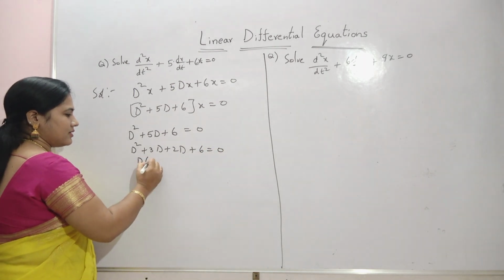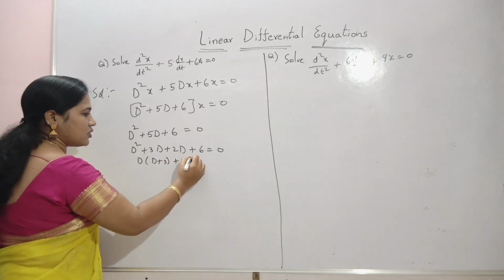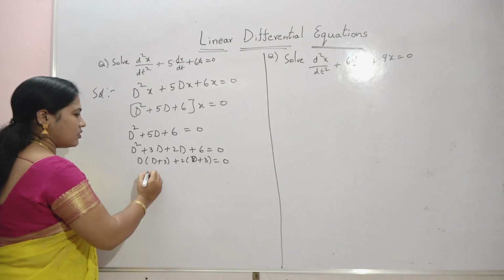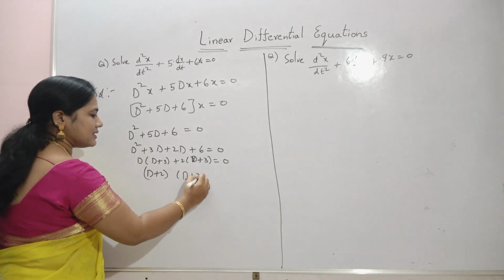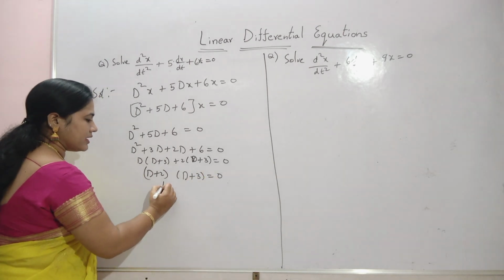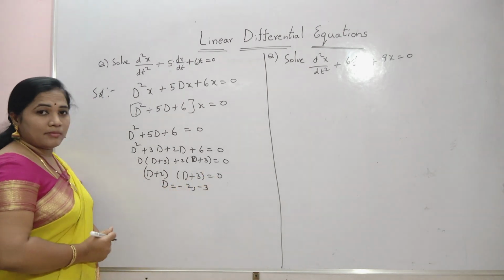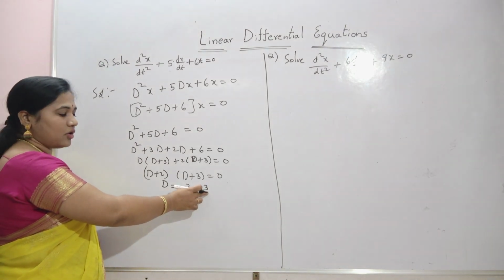So D, common D plus 3, plus 2 is common here, (D plus 3)(D plus 2) equals 0. Therefore the roots are D equals minus 2 and minus 3. So the roots are real and not equal.